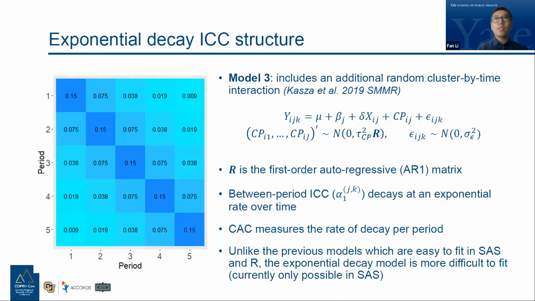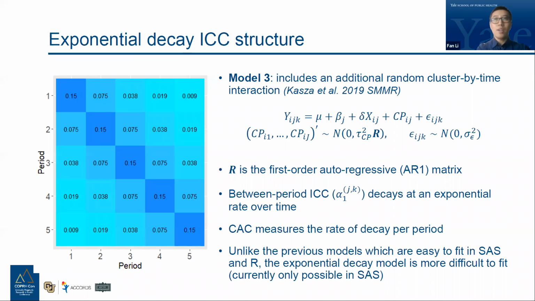Model 3 includes a more flexible random cluster by time interaction term by assuming that the collection of the cluster by time interactions in a specific cluster can follow a more flexible correlation structure.